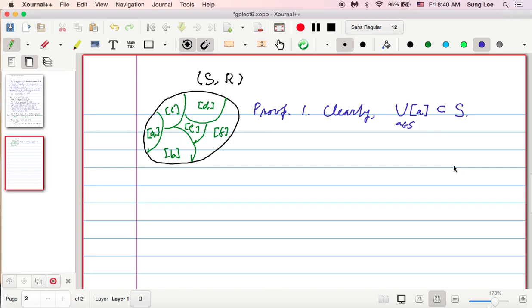Each equivalence class is a subset of S, so their union is also a subset of S. So that's it. So we're going to show the other way around. S is a subset of the union of all the equivalence classes, so that they are the same thing.